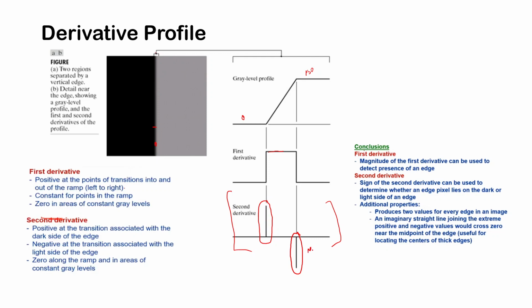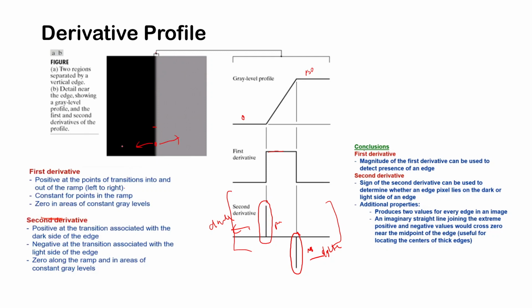This is a negative one, this is a positive one. So you see positive at the transition associated with the dark side of the edge. Negative at the transition associated with the light side of the edge.